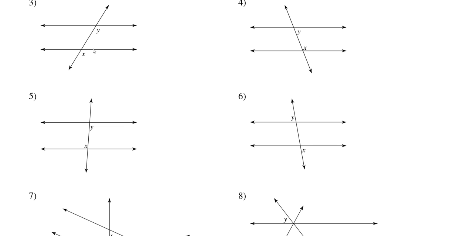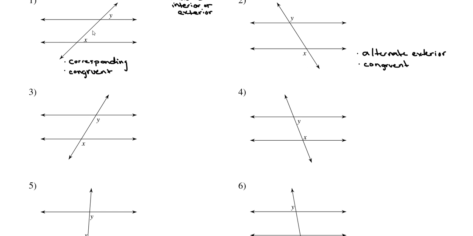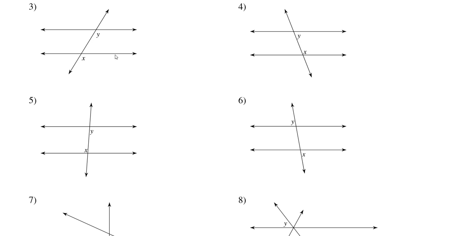Number three, these are just like number one, these are corresponding. So these are both above the parallel lines, these are both below the parallel lines. So these are corresponding, and therefore they are congruent. Number four, these are same side interior.